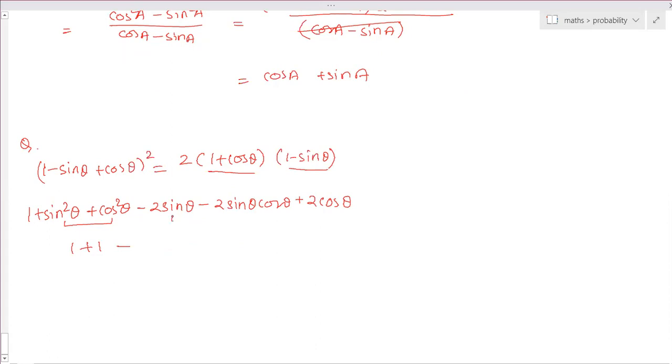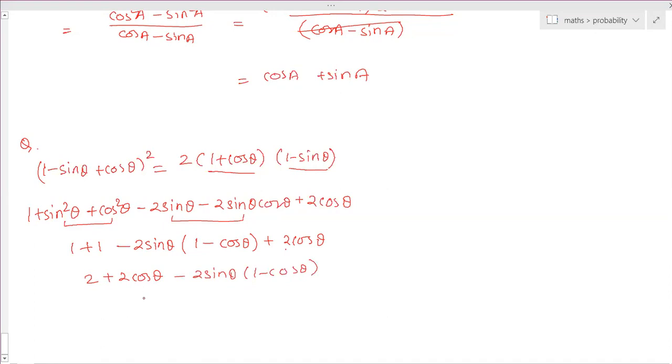Take common from these two, into bracket 1 minus cos theta plus 2 cos theta. So here this is 2, this 2 cos theta, take common. 2 plus 2 cos theta minus 2 sine theta into 1 minus cos theta.